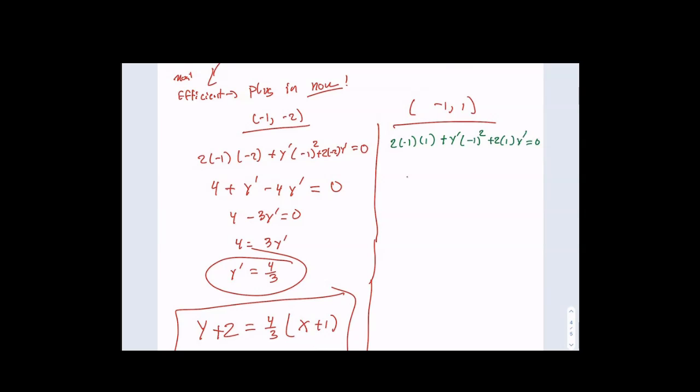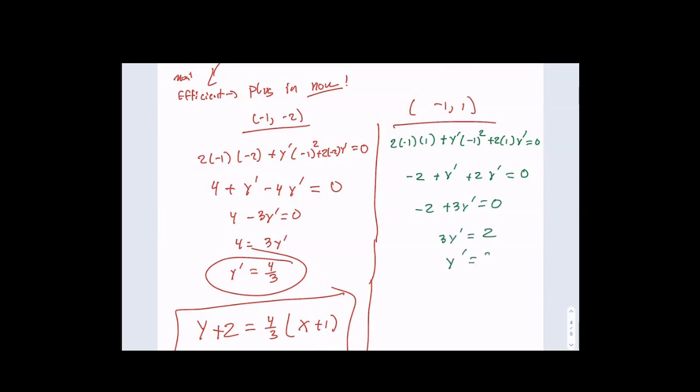That gives me -2 plus y prime plus 2y prime equals 0, which is -2 plus 3y prime equals 0, which is 3y prime equals 2.